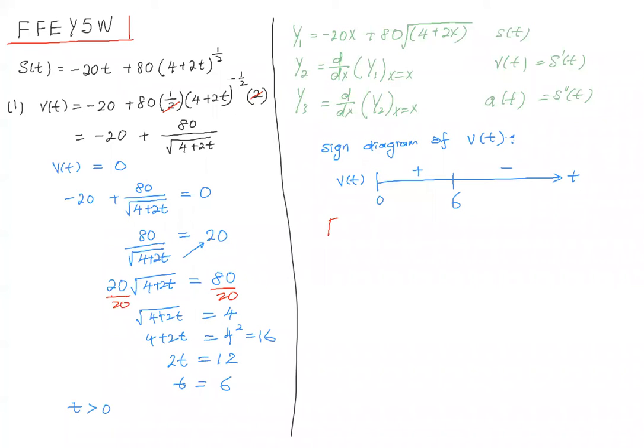From the sign diagram of v(t), what can I say about the motion of the particle? How can I interpret? Jensen, can you please interpret this for t between 0 and 6?